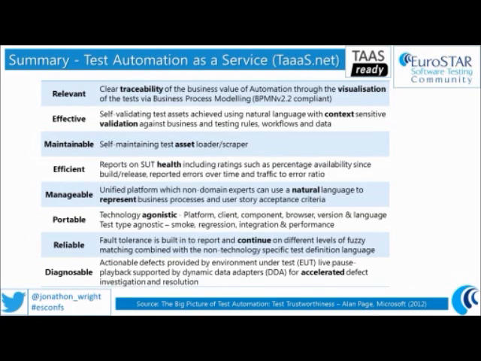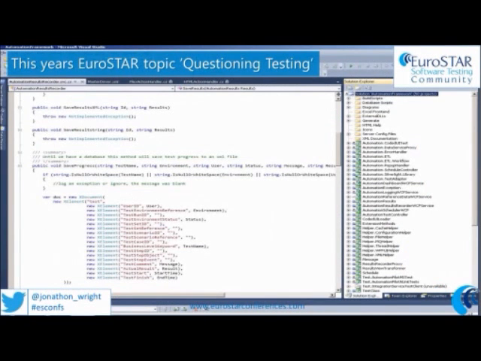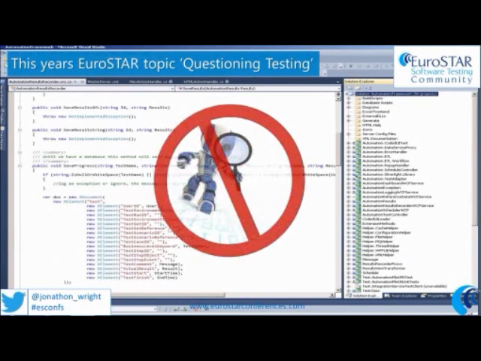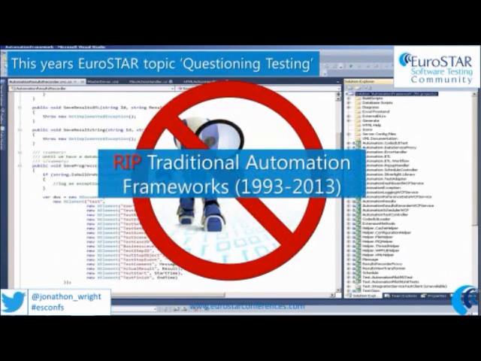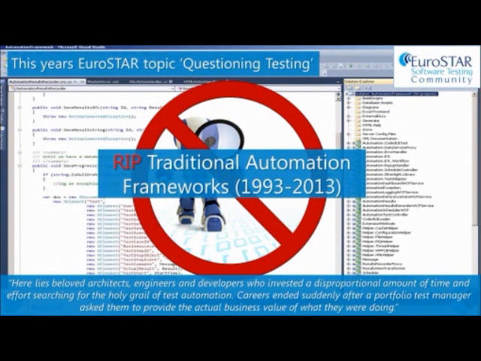Let's go on to this year's topic. This year's topic, Mr. Michael Walker officially specified, is questioning testing, and obviously I'm going to throw in quite an early controversial slide topic, which was going to be my talk topic for this year: rest in peace, traditional automation frameworks. Now, when I say traditional, I mean client-specific implementations of frameworks.